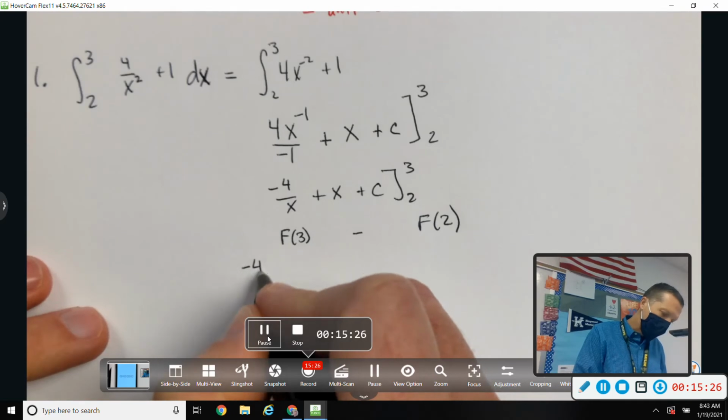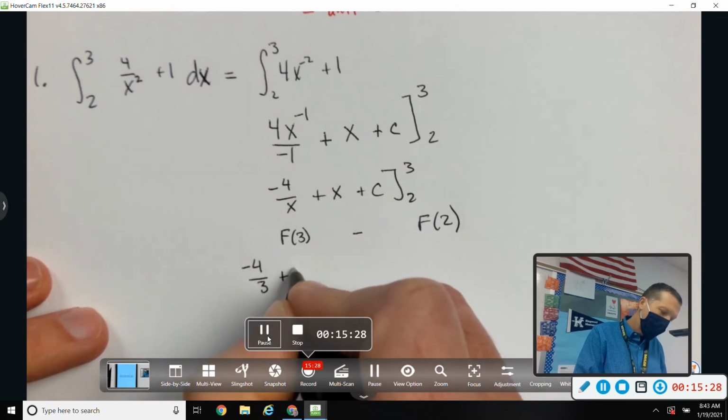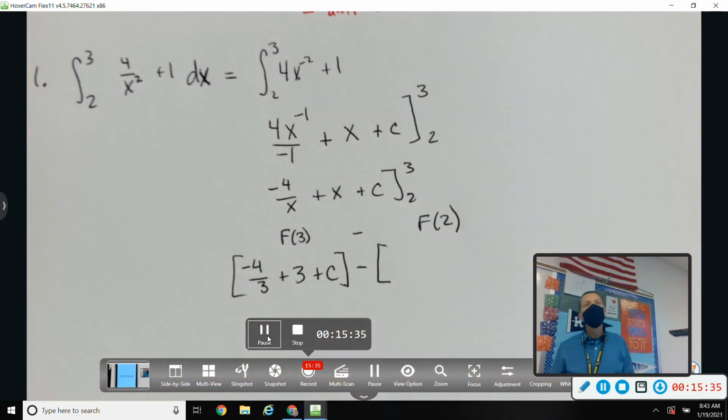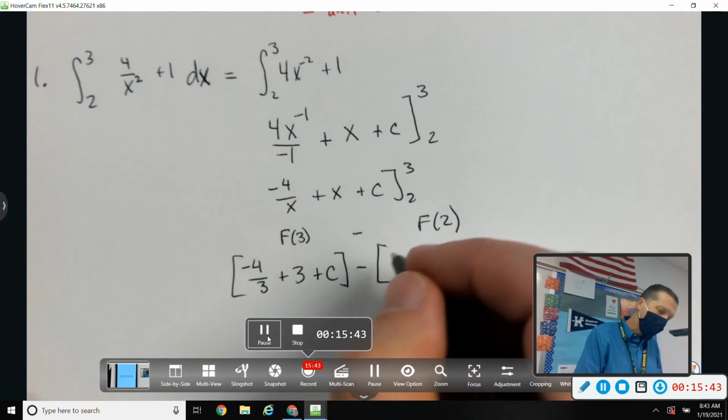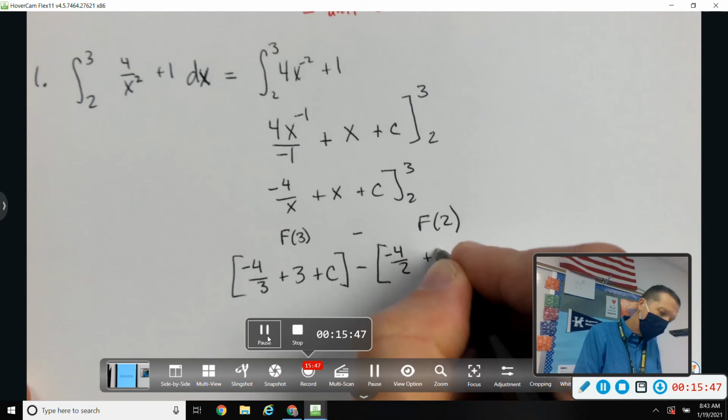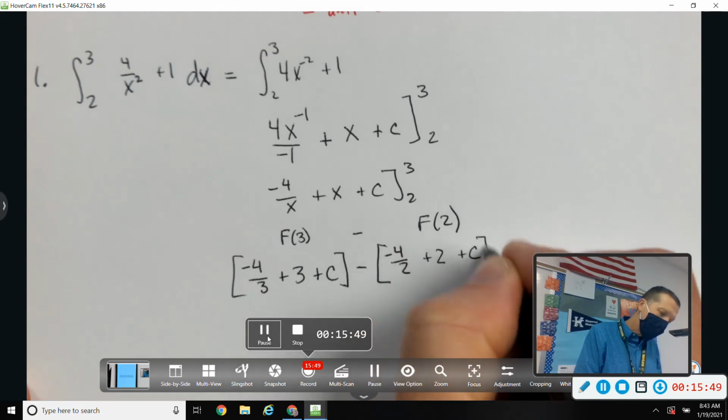So negative 4 over 3 plus c minus, distributing the minus sign becomes a huge deal on almost all of these problems because it's minus all of the stuff, so make sure the minus sign goes to everybody. Negative 4 over 2 plus c.